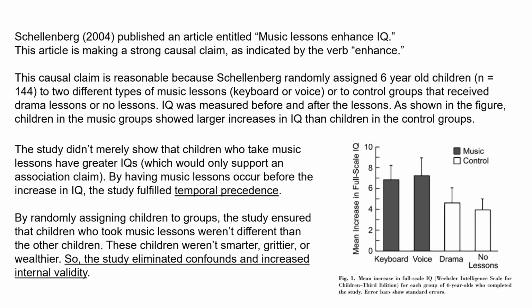By randomly assigning children to groups, the study ensured that the children who took the music lessons weren't different statistically than other children. These children weren't smarter, grittier, or wealthier, so the study eliminated those confounds and increased internal validity.